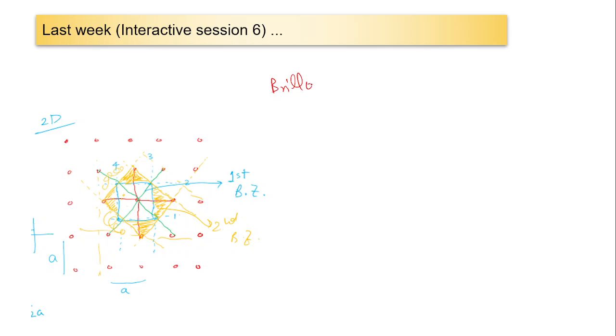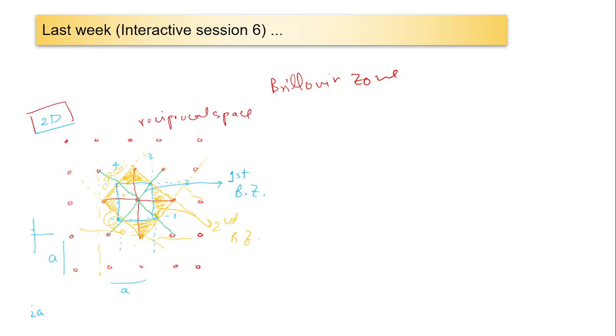Here, for example, I had shown how we can do it for 2D, that if this is reciprocal space and these points that you see are reciprocal lattice points, then taking any one of them as origin, how we can construct Brillouin Zone and what we mean by Brillouin Zone.